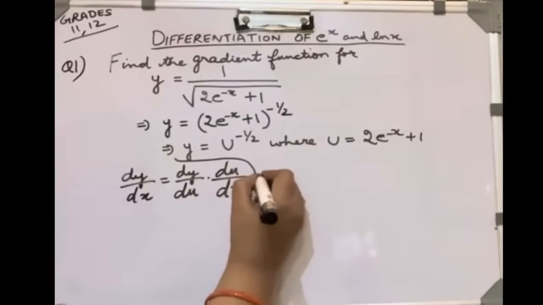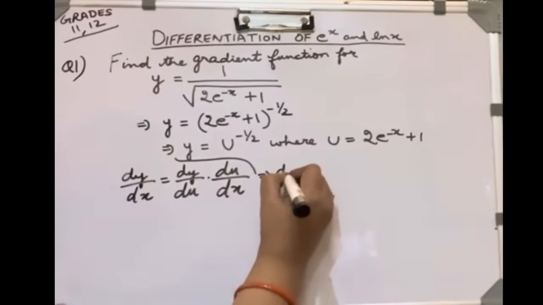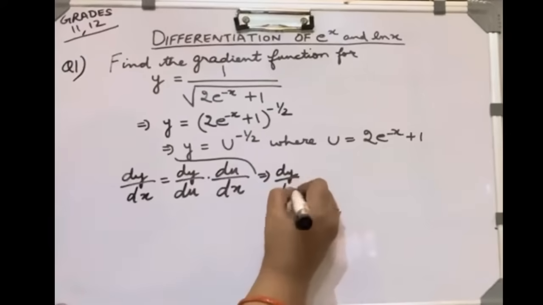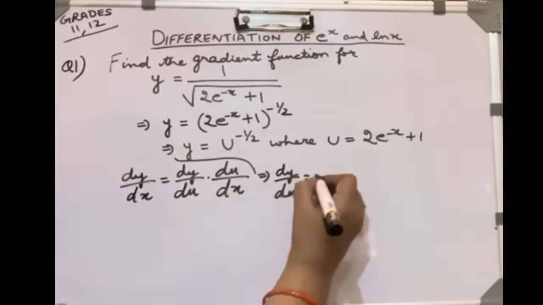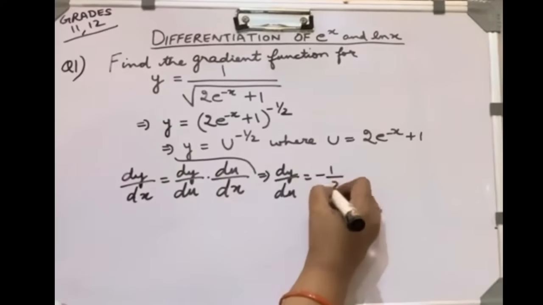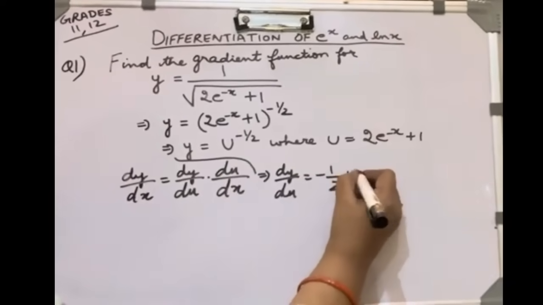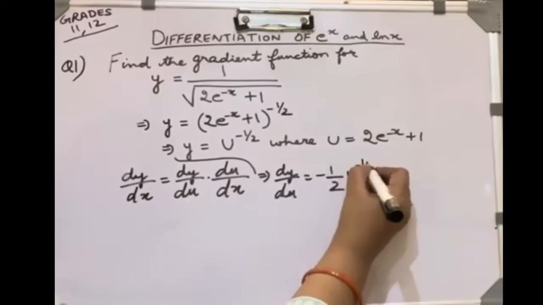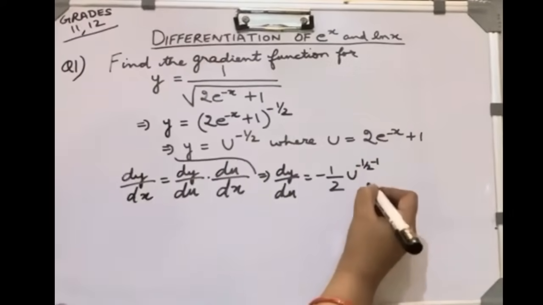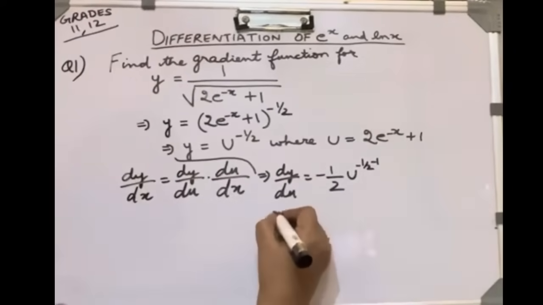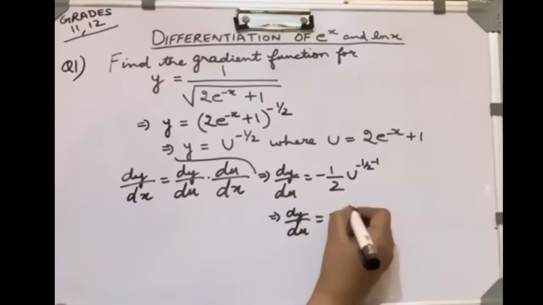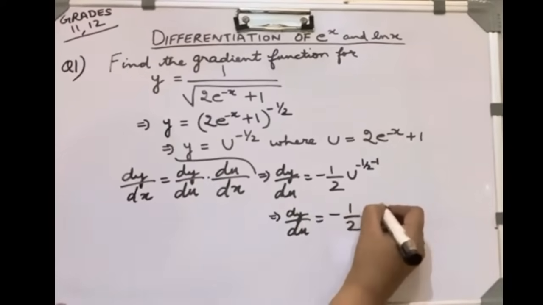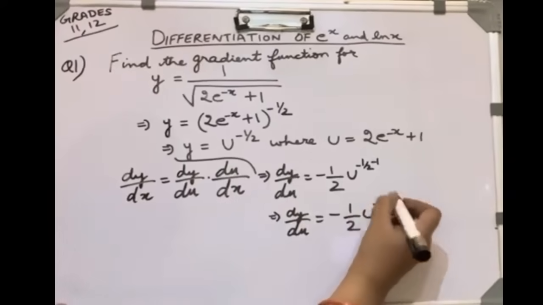So we continue solving here. What do we get? dy by du is equal to minus half u to the power minus half minus 1. So which means dy by du is equal to minus half u to the power minus 3 by 2.